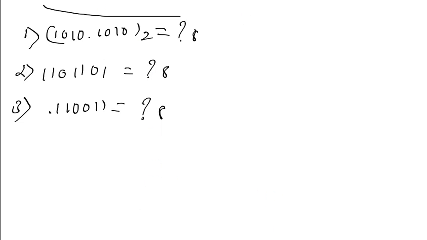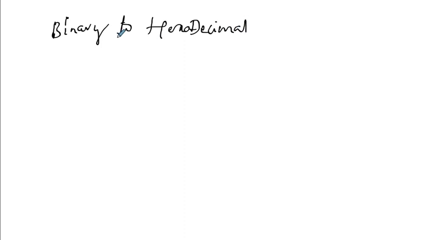Now I would like to start the next conversion, binary to hexadecimal conversion. How do we do binary to hexadecimal? It is very simple and the same as binary to octal conversion.